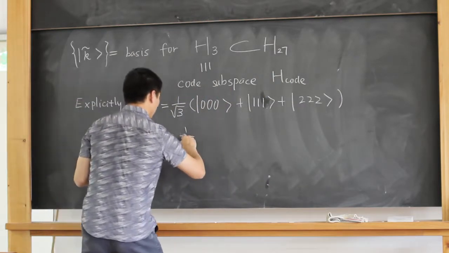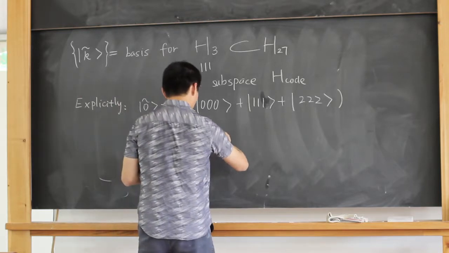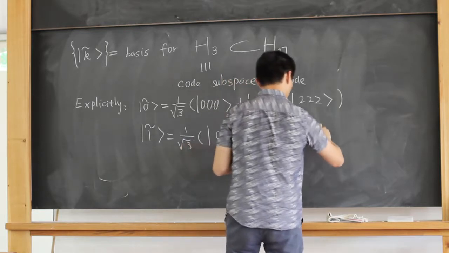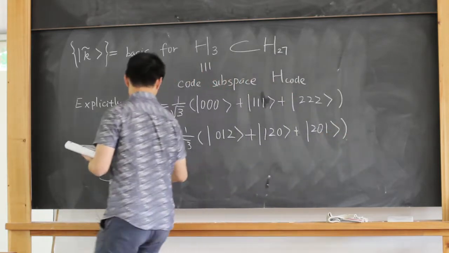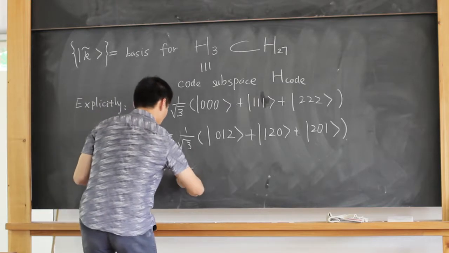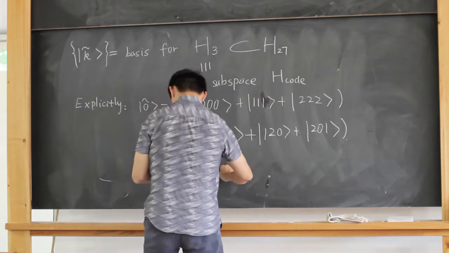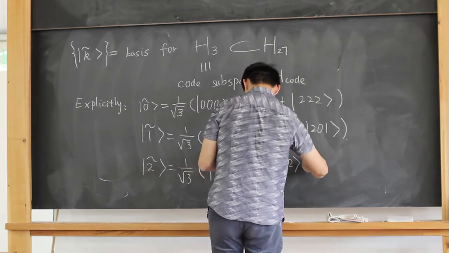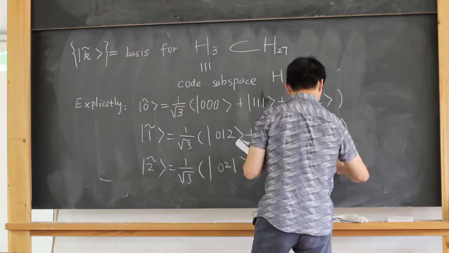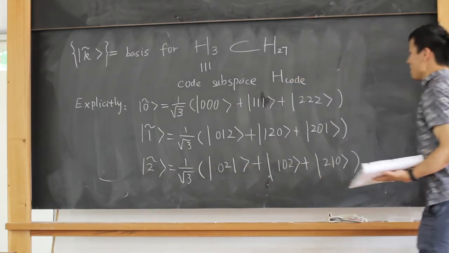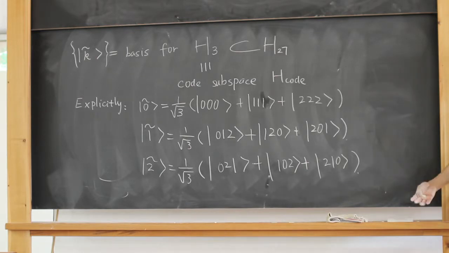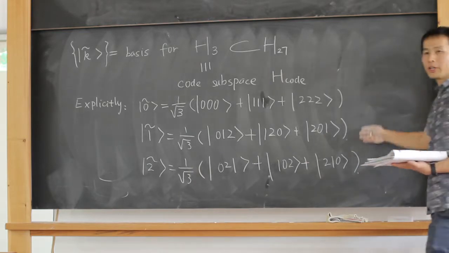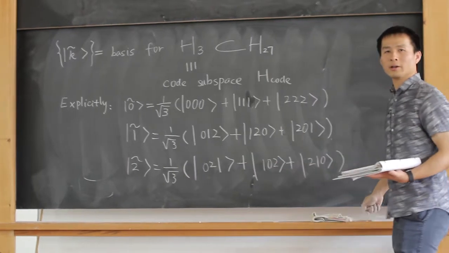And the 1 tilde state is slightly different combination, and the same goes for 2 tilde. So these equations give the exact way of how Alice should encode the single qubit state that she originally wanted to send into the 3 qubits. She simply follows through this map.